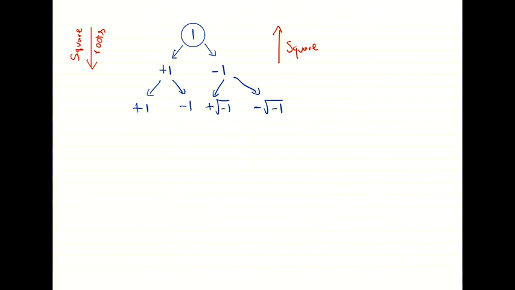So you can take square roots of these numbers again. So again, the square root of plus 1 would be plus 1 and negative 1. Okay? Square roots of negative 1 would be, again, square root of negative 1 and negative square root of negative 1. Okay? So now I have to write square roots of this. I'm just going to pretend they exist and continue, right? So what's the square root of negative 1?